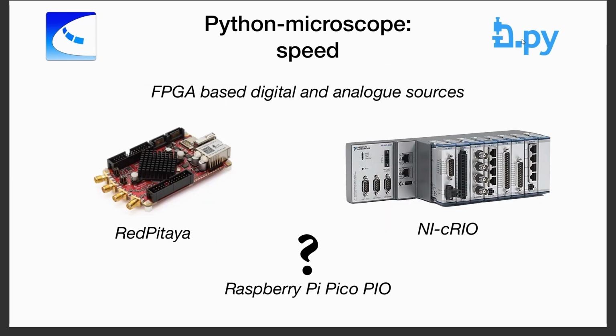So we have two devices that serve as executors. One is a Red Pitaya. It's a low-cost FPGA. It has a good number of digital input outputs and a limited number of analog outputs. And also some National Instruments compact RIO, which is more pricey.